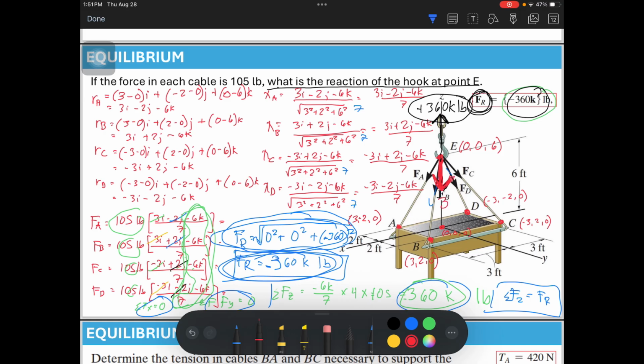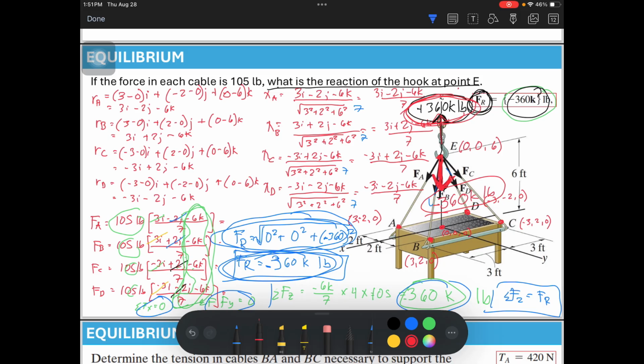So this is your negative 360k pounds. So for 360 downward, point E, our support, needs to pull upward. Your load is downward. The reaction of point E, our support, is 360 upward.